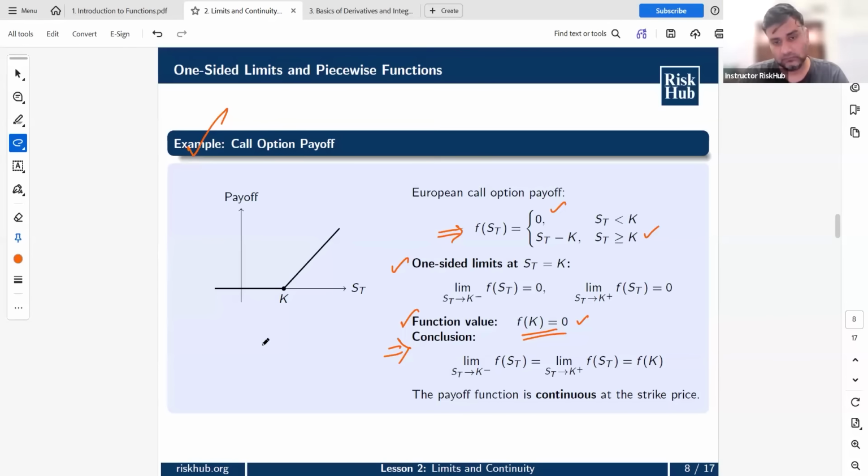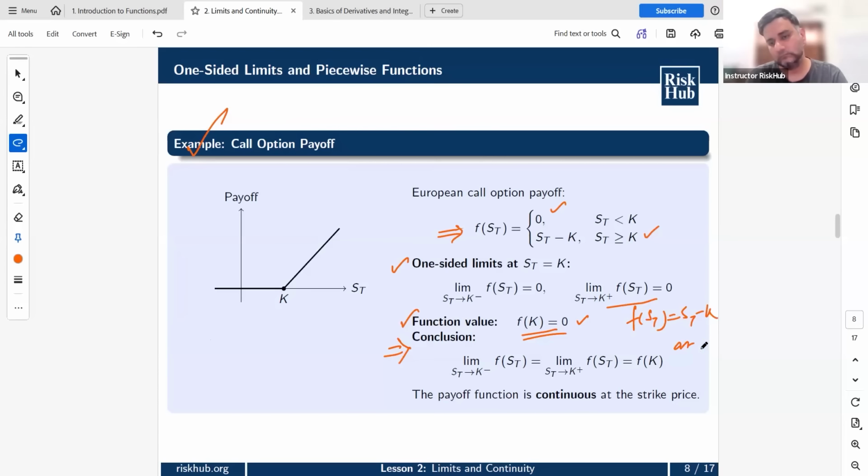Now, the idea is when the stock price approaches your strike from above, what are we getting? What will happen here is f(S_T) is equal to S_T minus K.